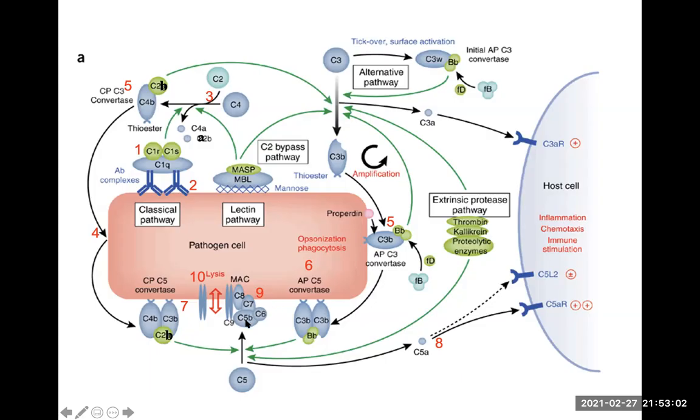The C5b is going to combine with C6, C7, C8, and C9. So those are different types of proteins, and they're now going to form the membrane attack complex. The membrane attack complex, again, is going to create the holes or the pores in the pathogen cell lining, and it's going to allow lysis to occur for the cell, which kills the pathogen.